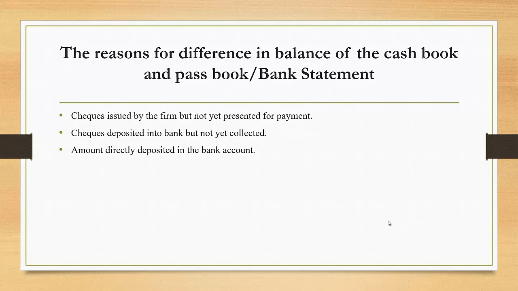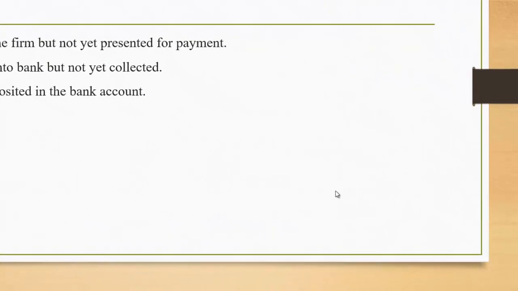Similarly, if somebody has deposited an amount directly in the bank account, there will be a difference. The difference may also arise due to bank charges. Banks deduct their charges outright, such as credit card charges, debit card charges, checkbook charges, and so forth.